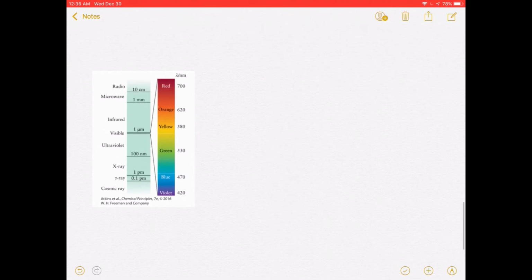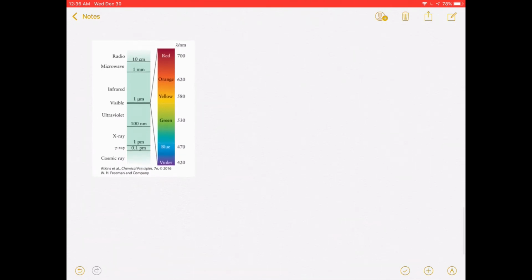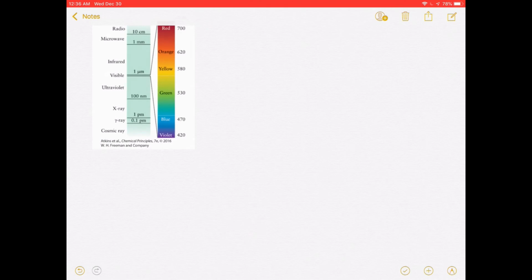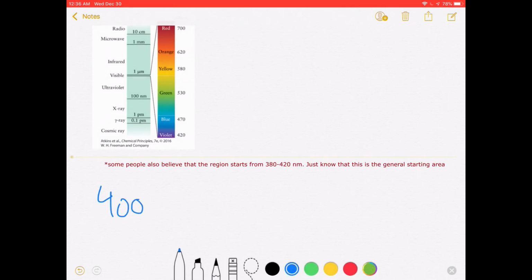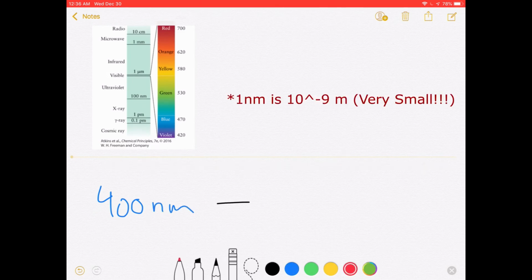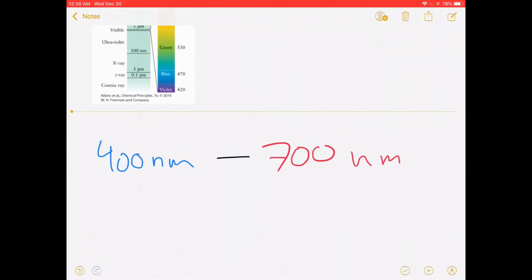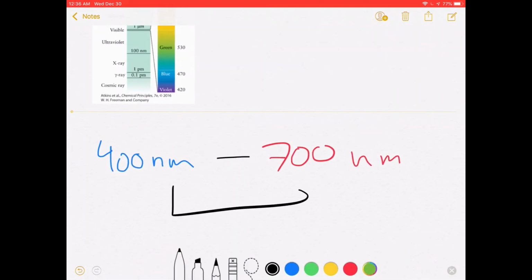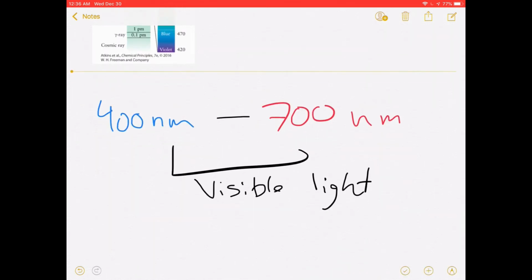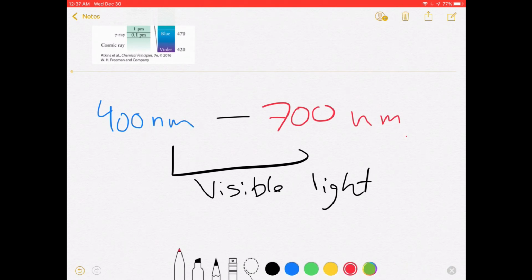Electromagnetic radiation falls within a spectrum. The most important regions that you should keep in mind are classified using the wavelengths between 400 nanometers to 700 nanometers. This is considered the visible light region, which is the color that our eyes can see, hence the name visible light. Beyond this 700 nanometer region is the infrared spectrum.